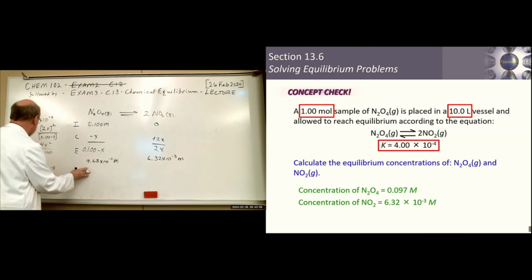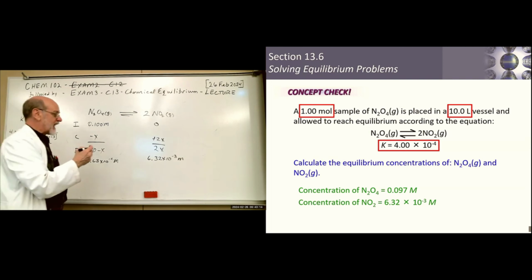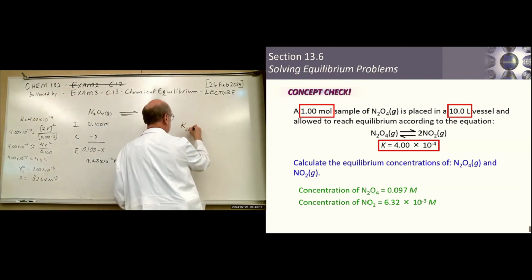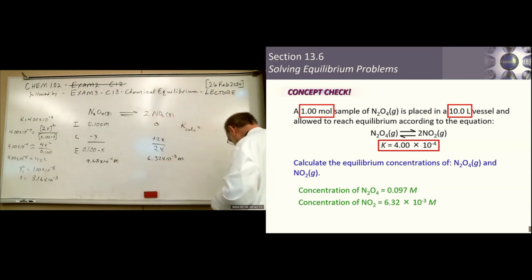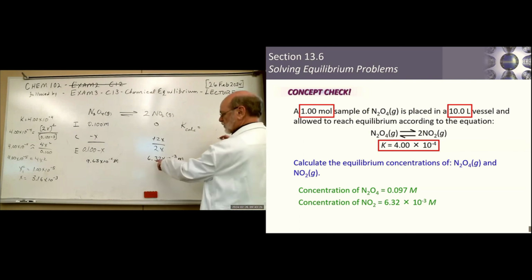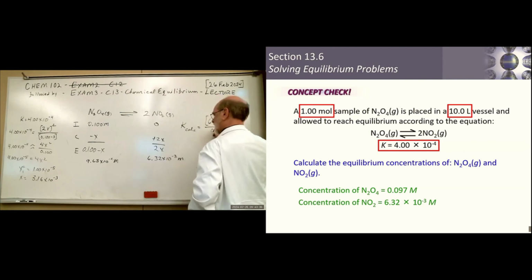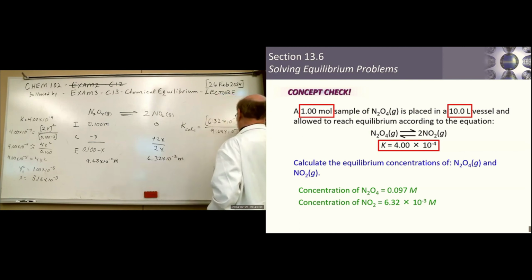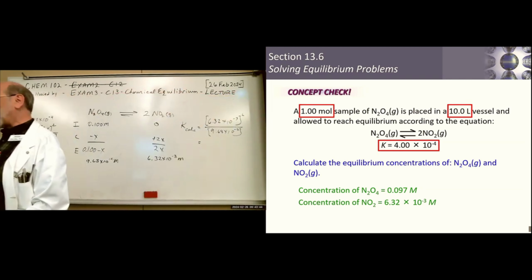these equilibrium values, and plug them into the equation, is it going to be within 5% of the true K? So if we calculate K based upon these values, then we would put this one in the numerator and it's going to be squared, and then this one in the denominator, and calculate what our K is based upon the answers we got.